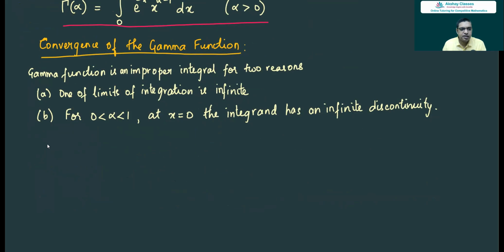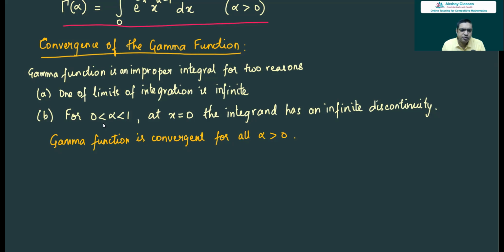We will not spend time on it, but in standard textbooks, the proof of gamma function being convergent, beta function being convergent, is given. So the gamma function is convergent for all alpha greater than 0.